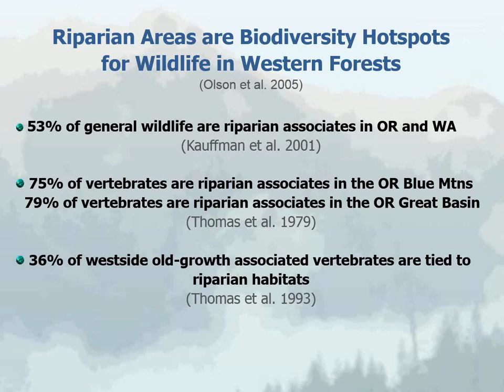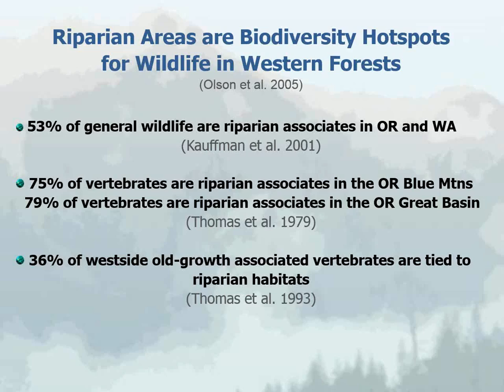Here's some more numbers just for the western forests, looking at wildlife associations with riparian areas. Generally in Oregon and Washington, over half the wildlife have association with riparian areas. 75% of vertebrates are riparian associates in the Oregon Blue Mountains.